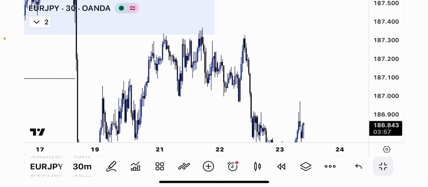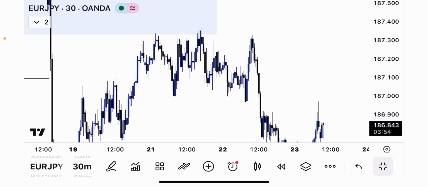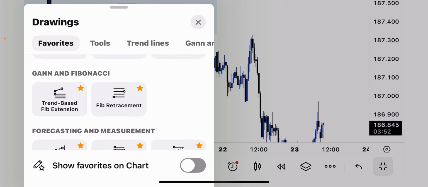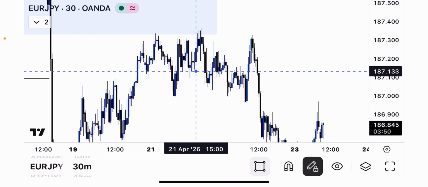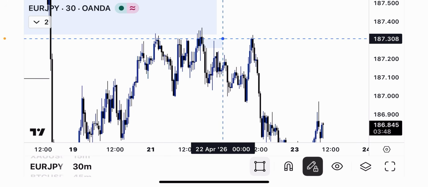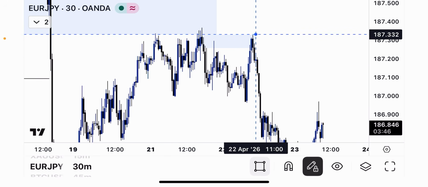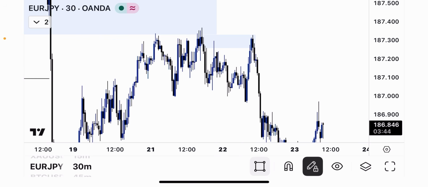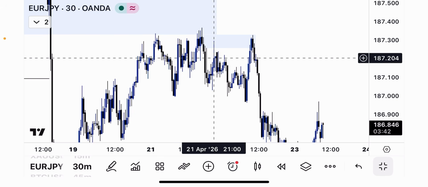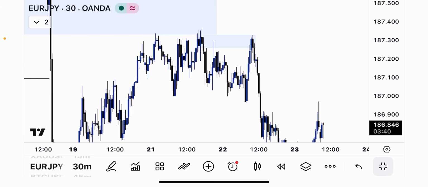I still couldn't find an entry at this level, because if I choose this as my order block, it means that this has already been mitigated by this weak candle, which is supposed to be my inducement.